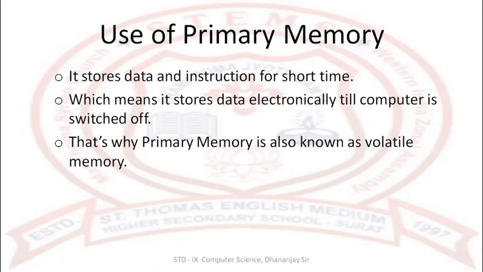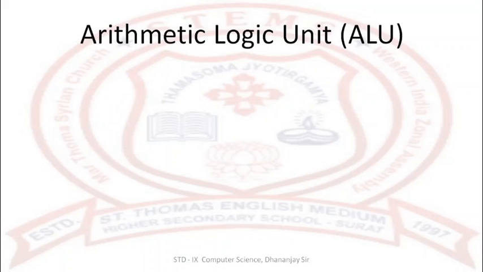When the power supply is going on, the data will be inside, and when the power supply is off, the data will be erased. So we can say it stores the data and instructions for a short time, which means it stores data and instructions electronically till the computer is switched off. That's why primary memory is also known as volatile memory.